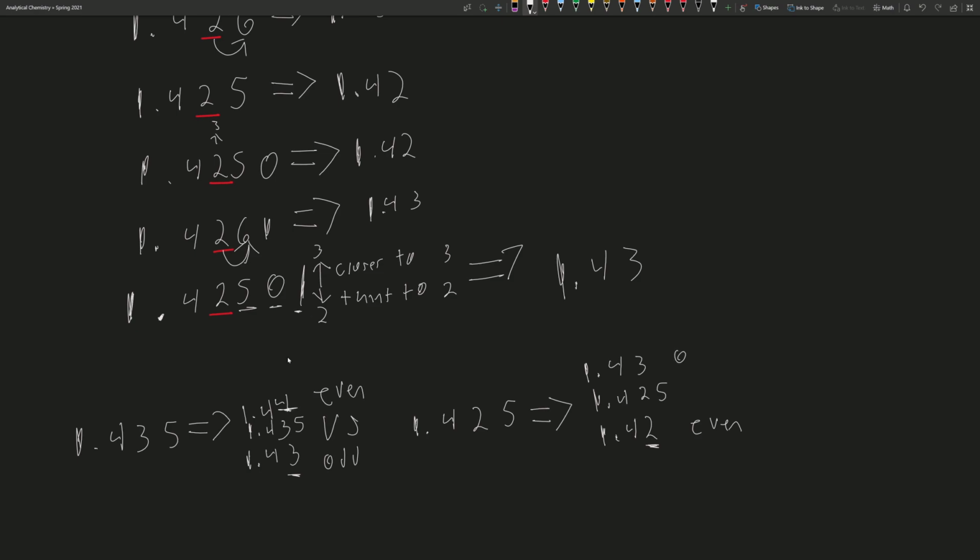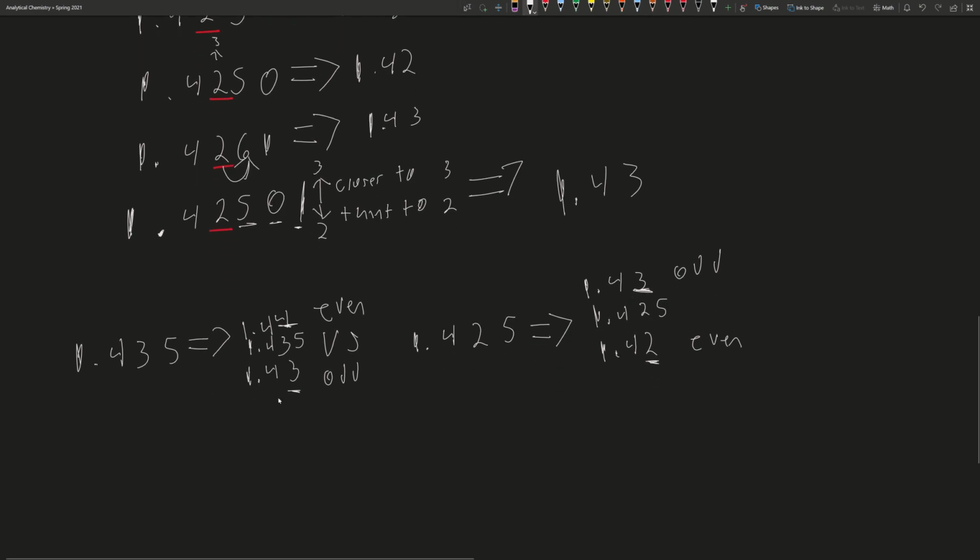Here we have an odd. So in all of these examples so far, we have rounded this 1.425 to 1.42, because if we are exactly halfway between these two numbers, we are going to round to the nearest even value. That has been the 2, because the 3 is odd.